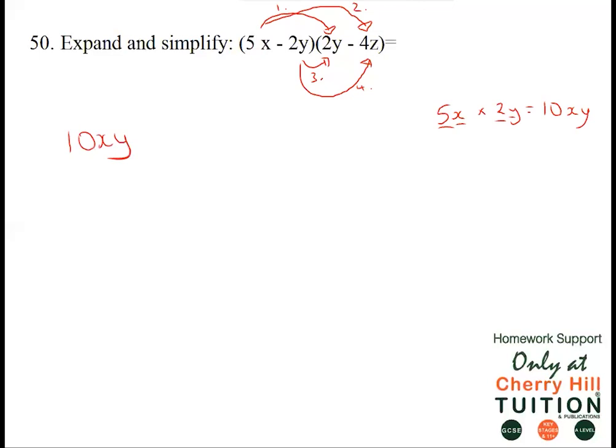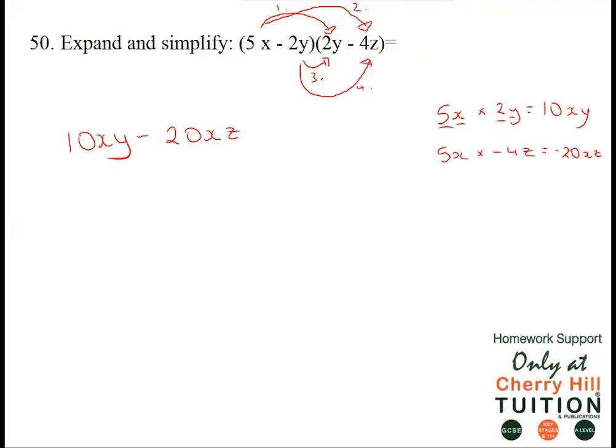The second step is 5x multiplied by minus 4z. Again, start with the numbers. We have 5 multiplied by minus 4, which gives us minus 20. We have an x and a z. So we get minus 20xz. Okay?